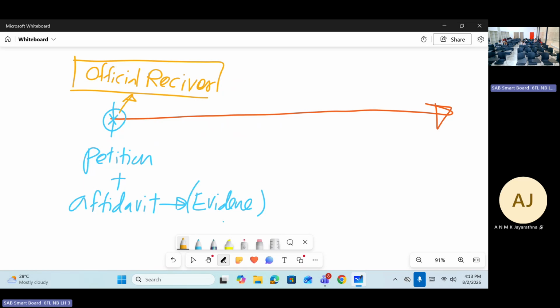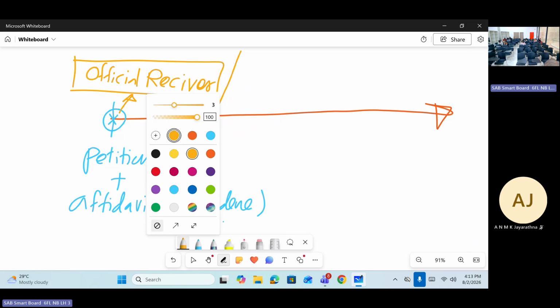Then this official receiver, by virtue of his office, will be appointed as provisional liquidator.